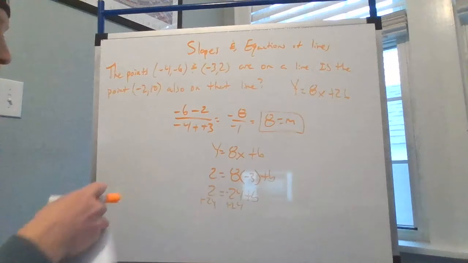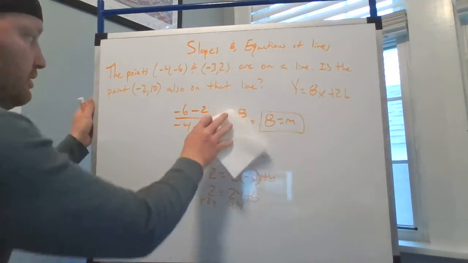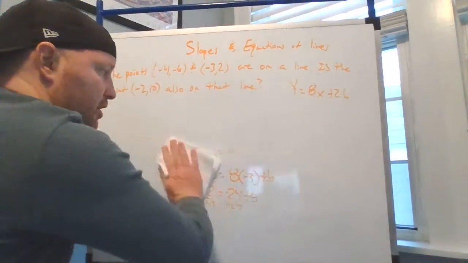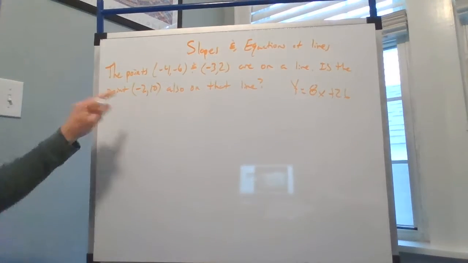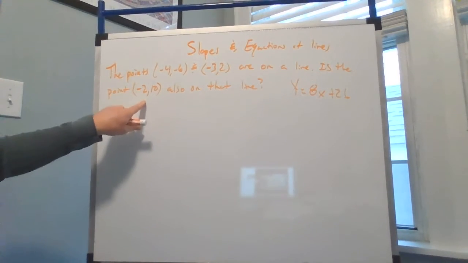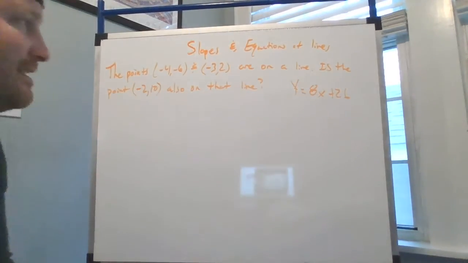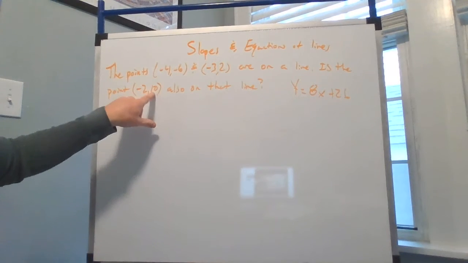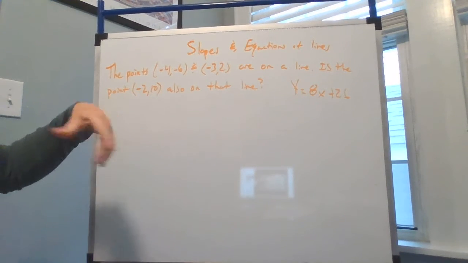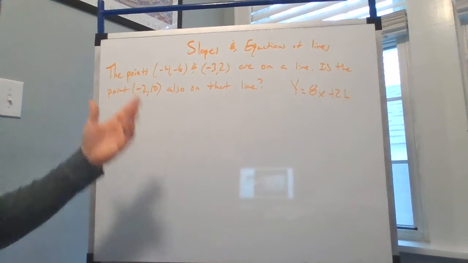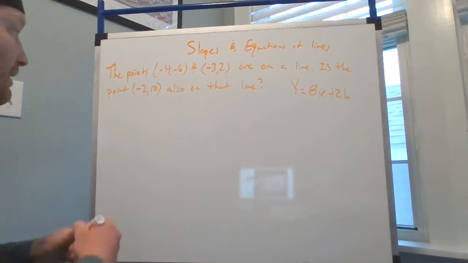Now we've got some information to use to answer this question. Let's see if this point is on this line. It's as basic as this: if I replace y with 10 and x with -2, and my left side equals my right side, well, we've got the right thing.